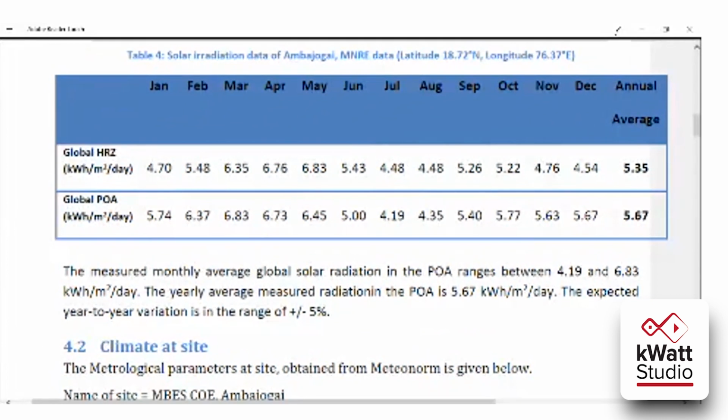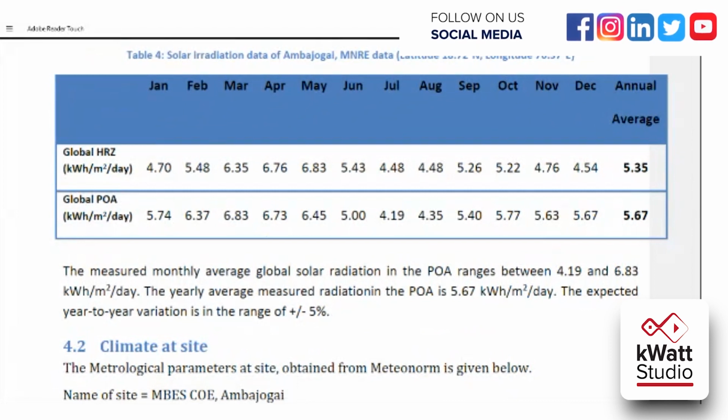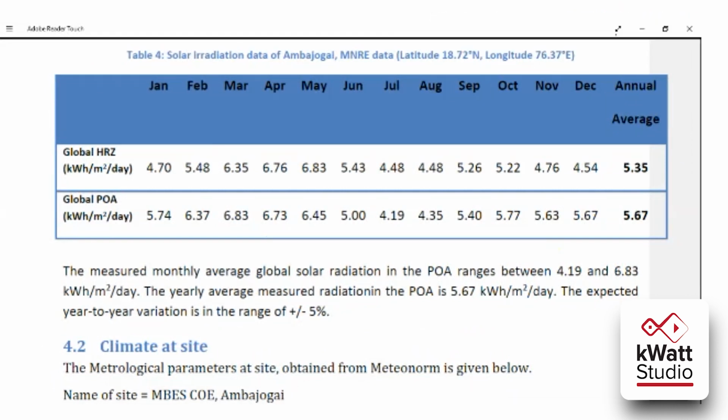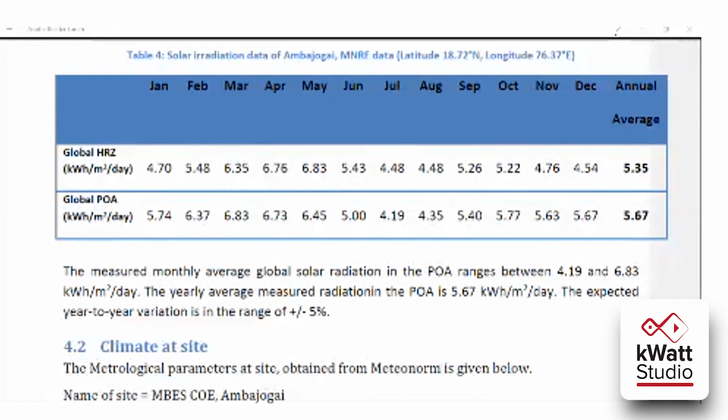As you can see here, for January, global horizontal irradiation is nothing but the total amount of irradiation that you are getting on the horizontal surface. If you keep your solar module parallel with the earth surface, the total amount of irradiation that you will get is 4.70. And plane of array means the solar module kept at a particular angle, which is generally your latitude angle. Let's say here the latitude angle is 18 degrees.